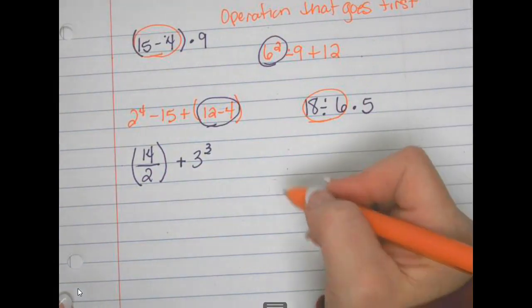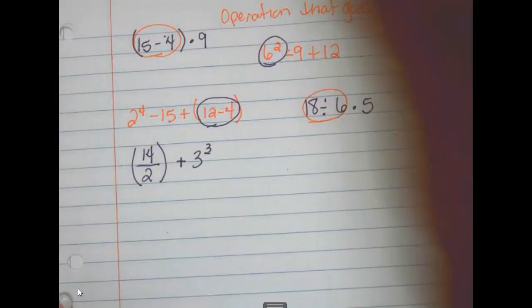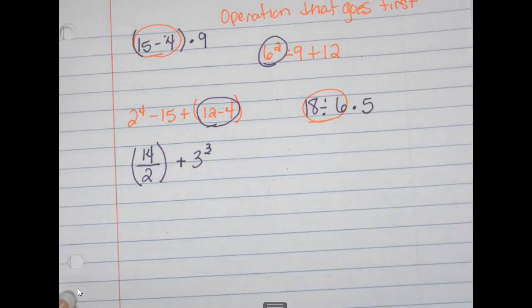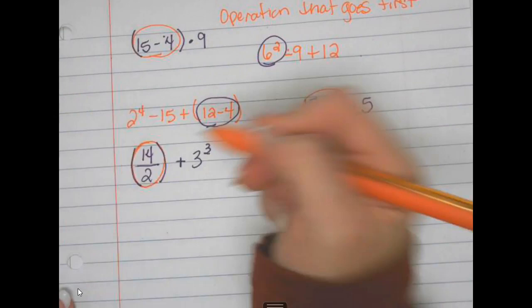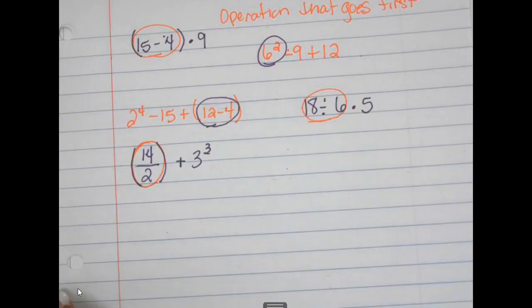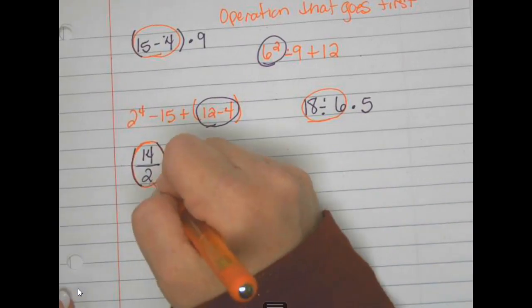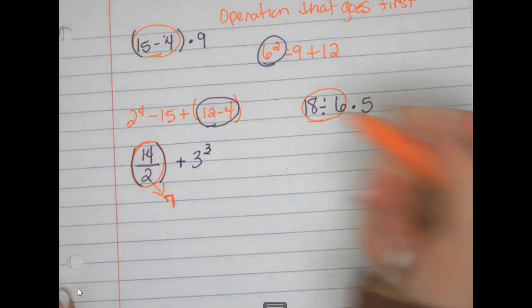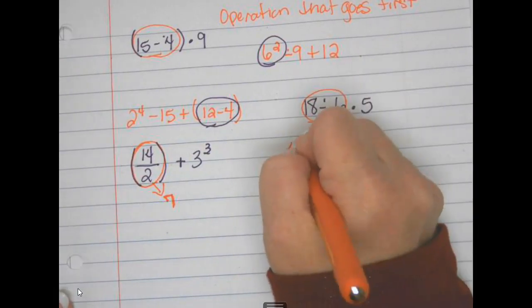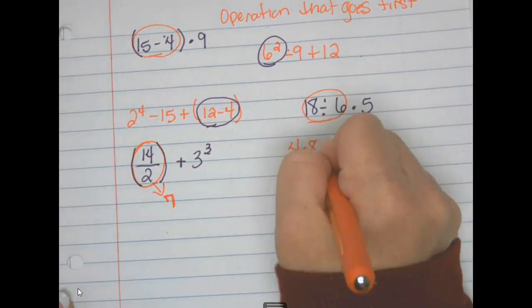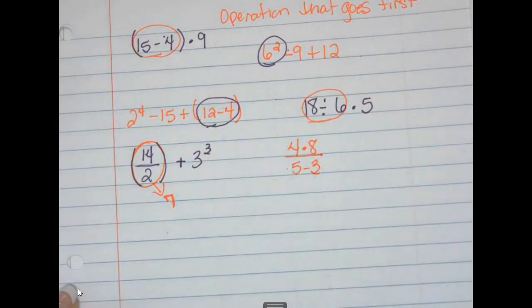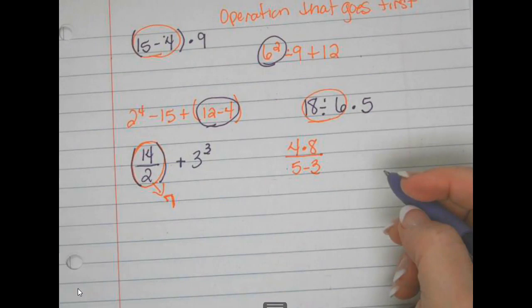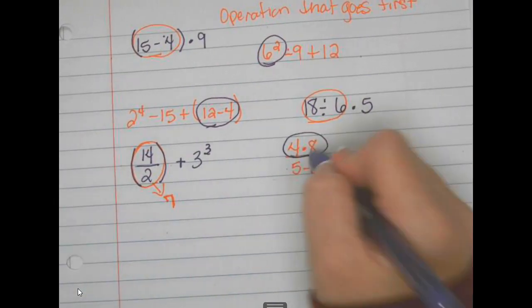So what do I do for 14/2? What does 14/2 mean? That means divide. 14/2 is actually going to equal 7. 4 times 8 over 5 minus 3. 4/8 goes first.